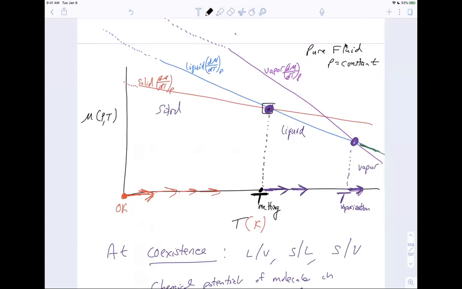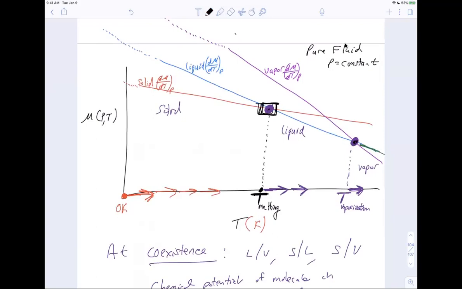That's that triple point. But in the case of two phases having the same chemical potential, as we saw in this figure here, we have coexistence. And those are the points where if you have two phases, the chemical potential of a molecule in either phase is going to be the same. Okay? And for a pure fluid, we see that we can get the melting point and the vaporization point through this analysis.